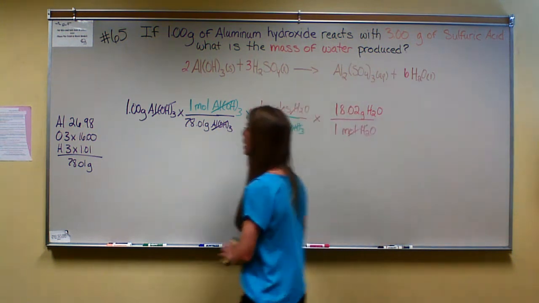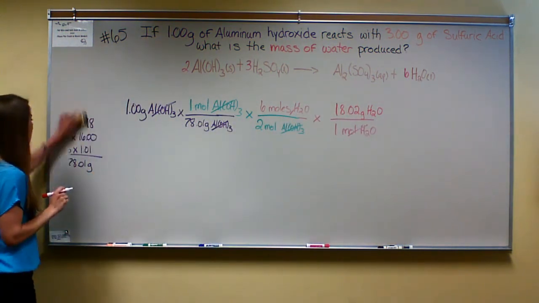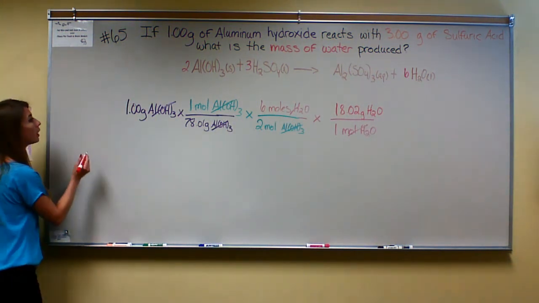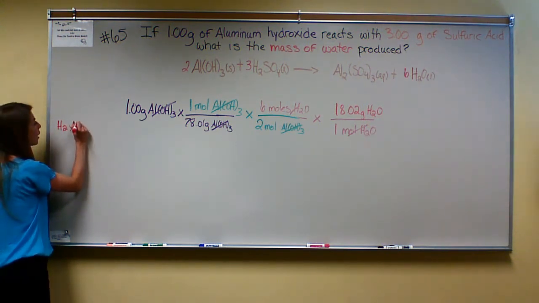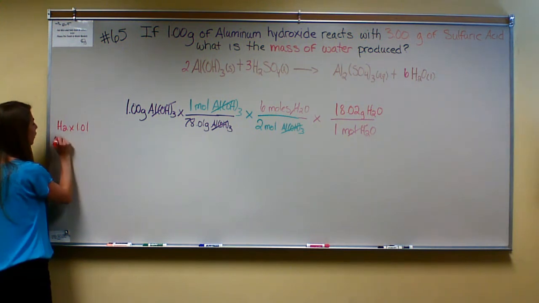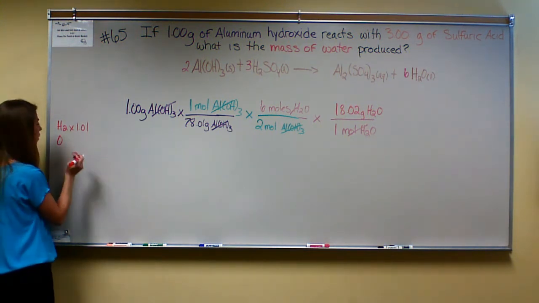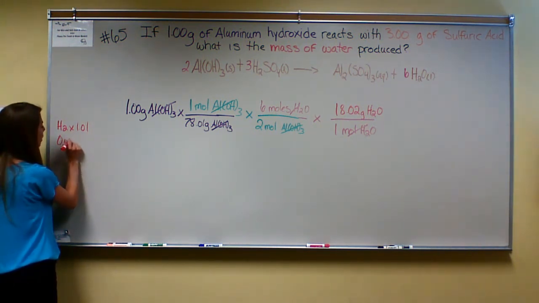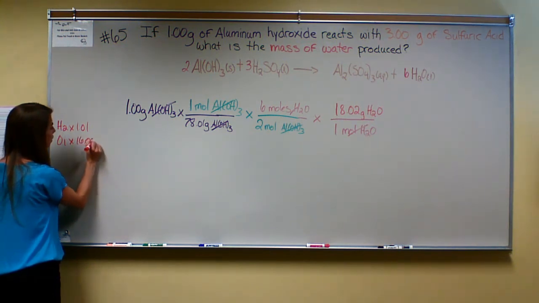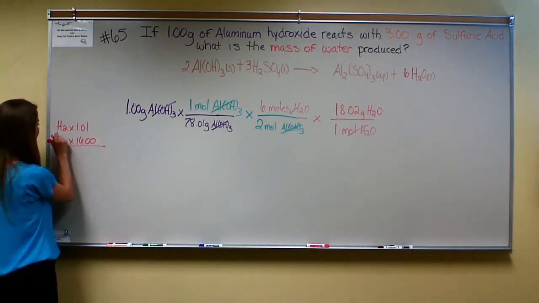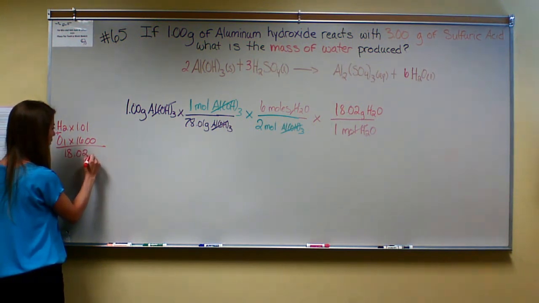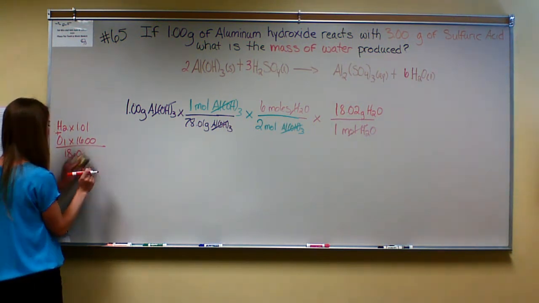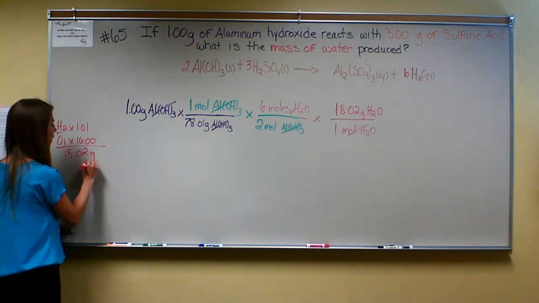Once again, I calculate the molar mass of water by taking our 2 hydrogen atoms and multiplying by the weight of hydrogen on the periodic table, plus 1 oxygen at 16, which when we add these together gives us 18.02 grams of water.